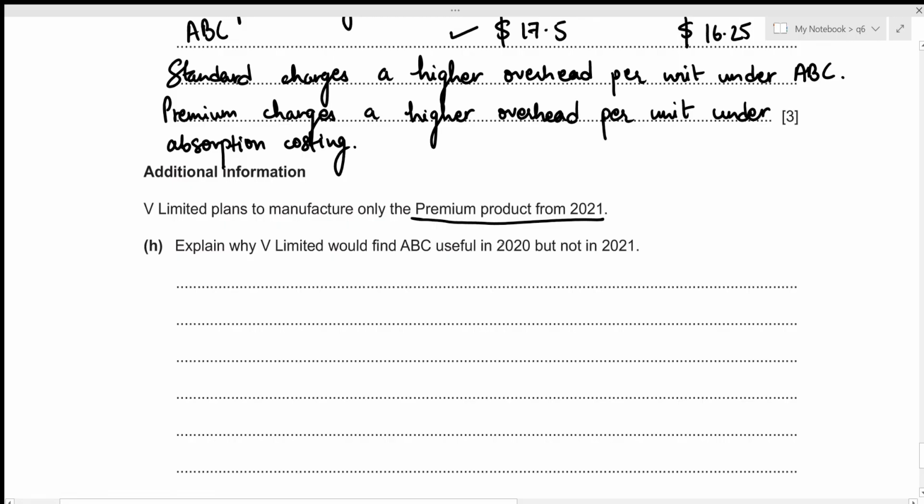So we use activity-based costing in 2020 for both the product standard as well as premium, but in case of 2021, there is not going to be any standard product. There is only the premium product. Okay, first we need to list down the impact of activity-based costing in 2020. So obviously, if you're talking about activity-based costing, it allows a fairer allocation of overheads because it is based on the activities consumed. Let's write it down.